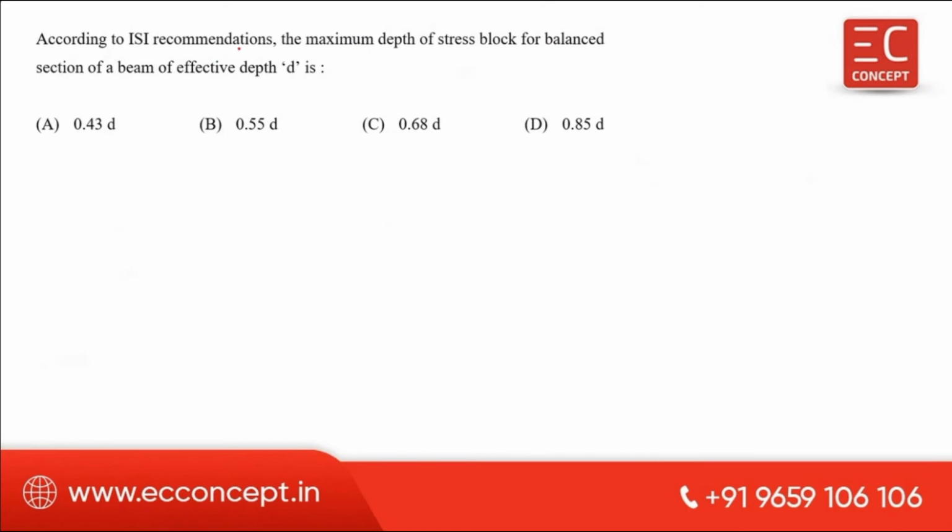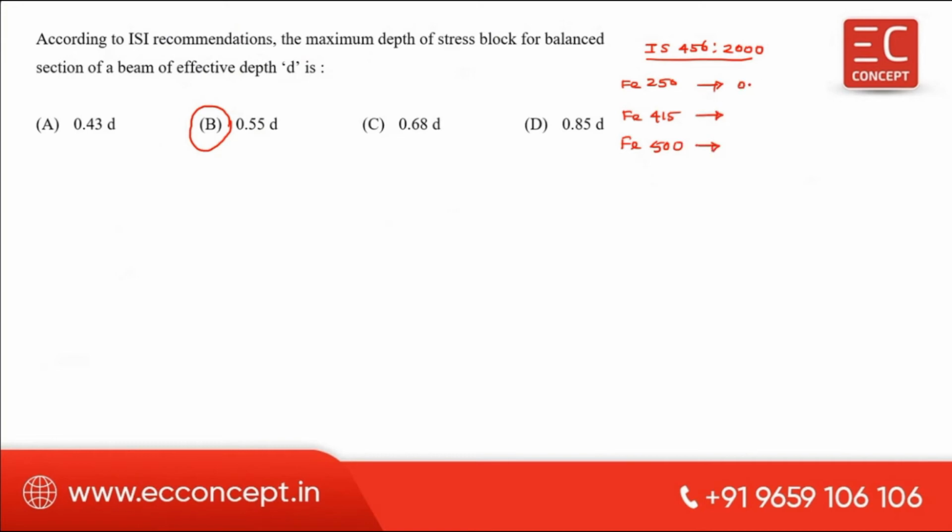According to ISI recommendations, the maximum depth of stress block for a balanced section of effective depth D. So it is 0.55 D. But in IS 456 2000, this is for Fe 250 steel, Fe 415 steel, Fe 500 steel.